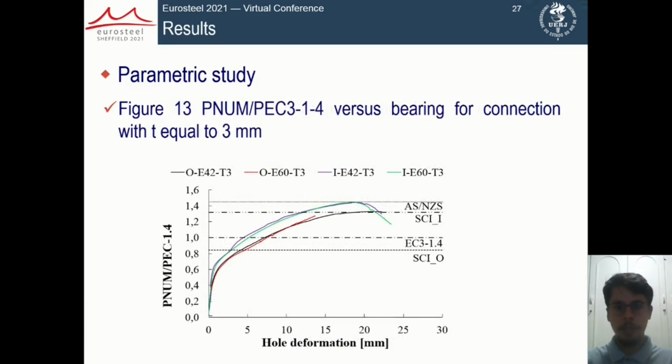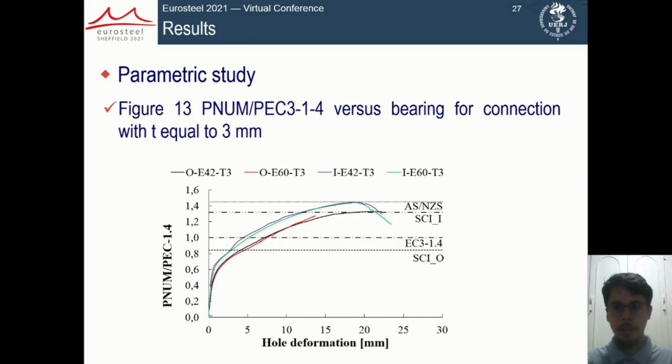Alternatively, connections that present the curl effect or large e1 values led to a safer value using AS/NZS 4673 and AC-82. Therefore, for connections with e1 over d ratio lower than 3, the manual leads to the most efficient prediction.